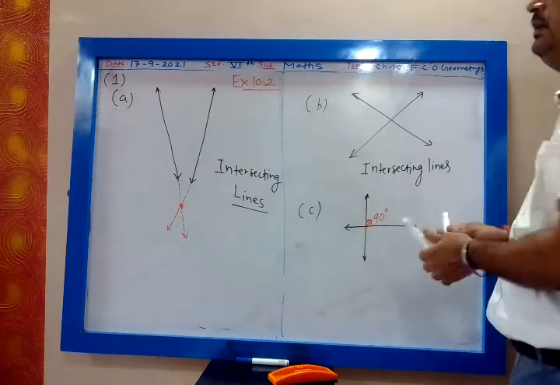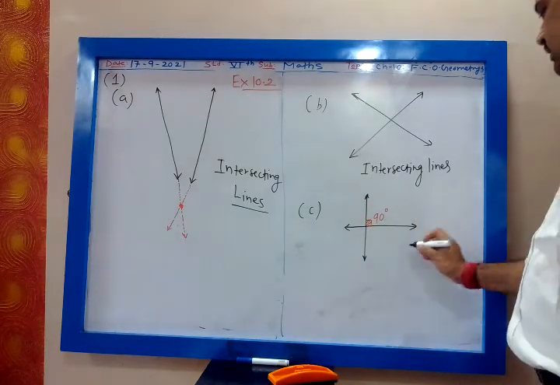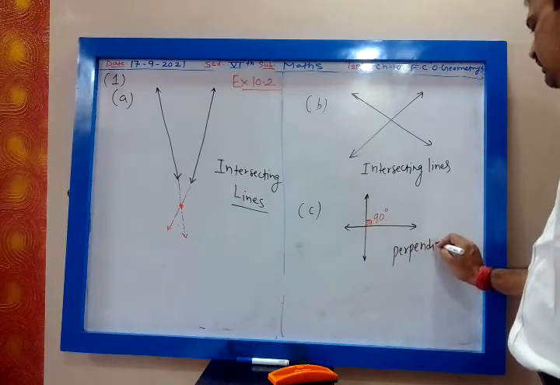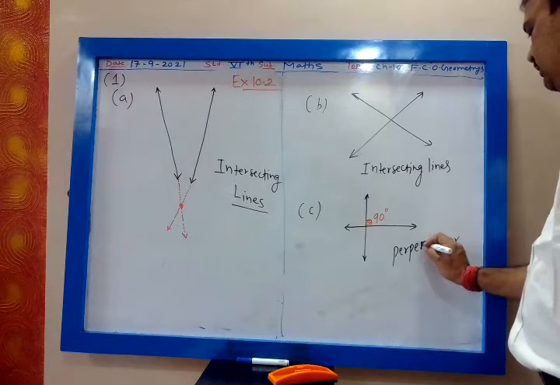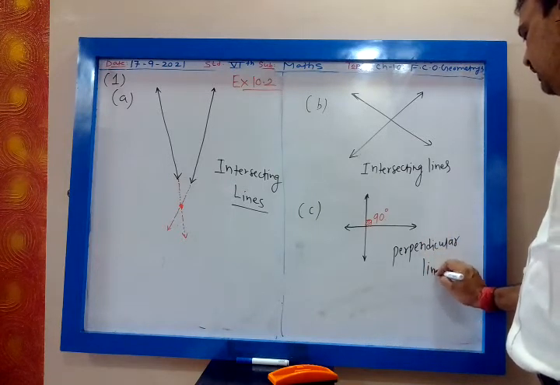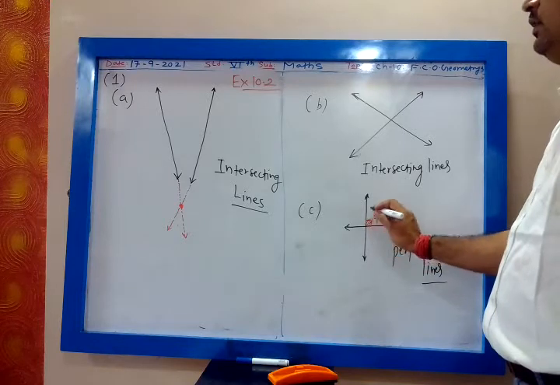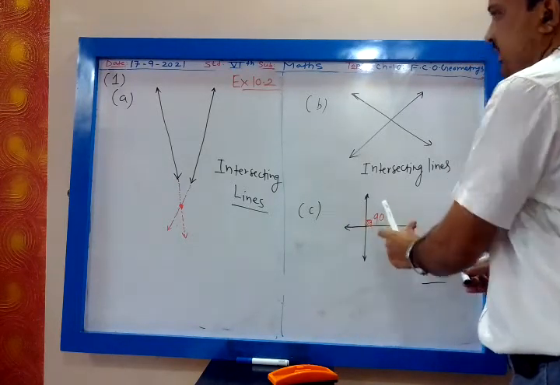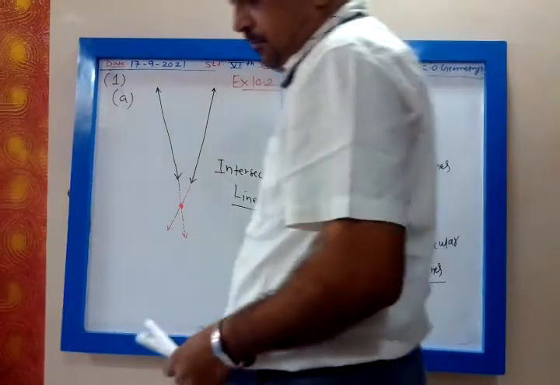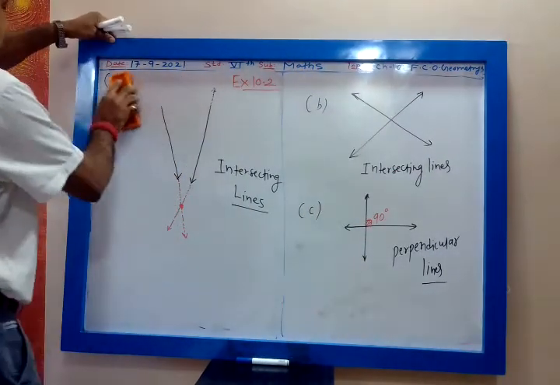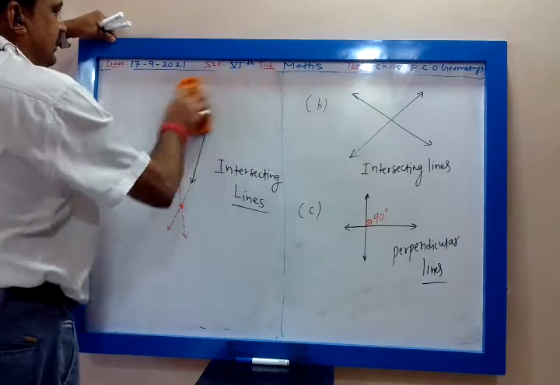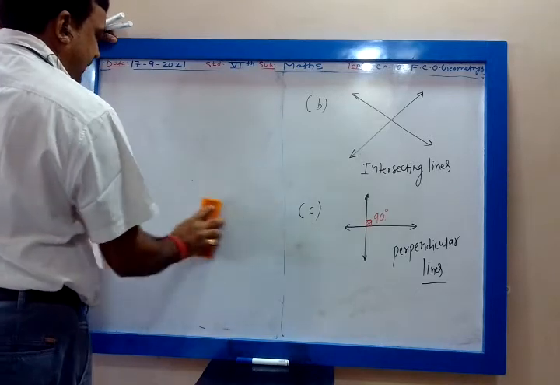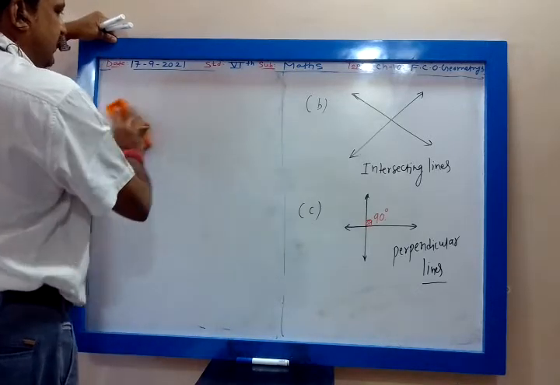So only it is perpendicular lines. They meet at O, so it is only perpendicular line. Because 90-degree angle is only formed, and this much part is not same as this much part. So it is not a bisector. It is only perpendicular.